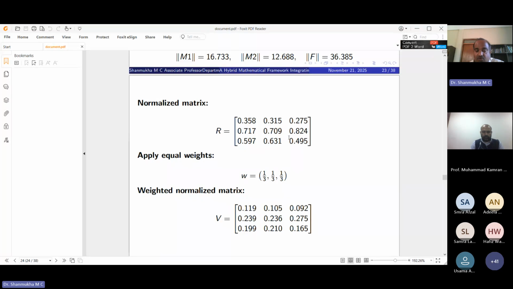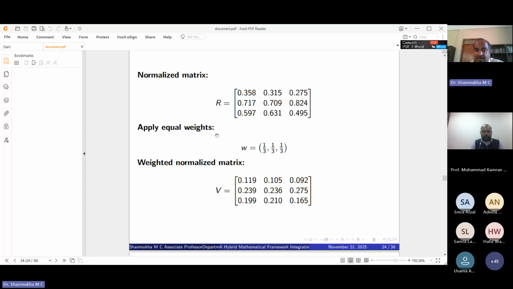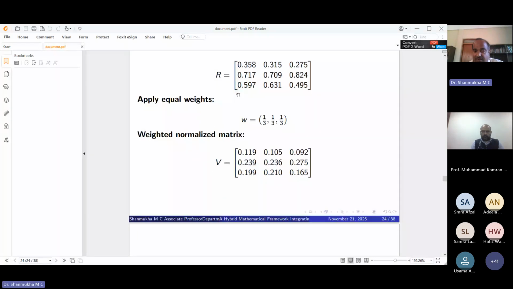Then apply equal weights. Already we discussed how to assign the weight values. Here we consider three indices called M1, M2 and F. So we assign the weights as equal weights: 1 upon 3 for M1, 1 upon 3 for M2, 1 upon 3 for F. So the sum is equal to 1 only.